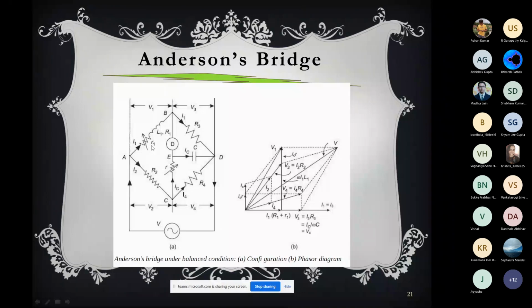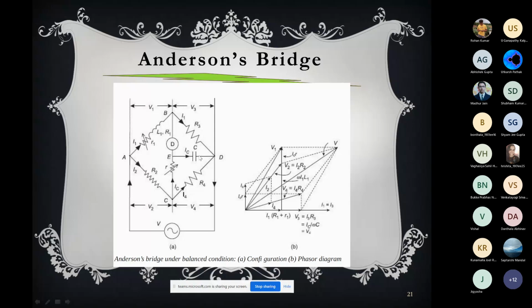L1 R1 is the inductance parameter, where L1 is the inductance and R1 is the resistance of the inductance. In arm AC there is a fixed resistance R2. In arm BC there is another fixed resistance R3. In arm ED there is a capacitance which is fixed.